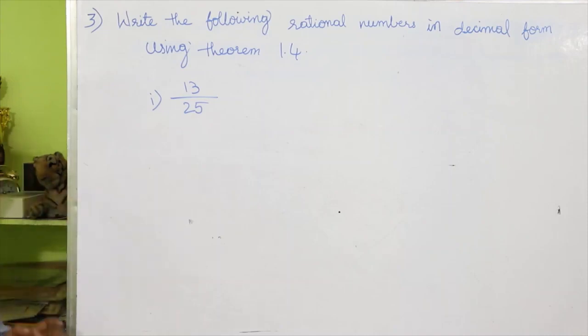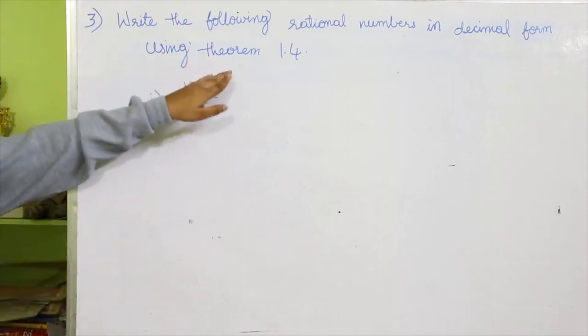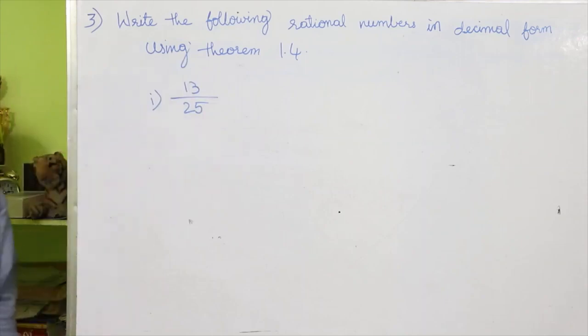To convert these rational numbers into decimal form by using theorem 1.4, the theorem talks about, firstly, converting the denominator into 10 power n. Let me write over here.